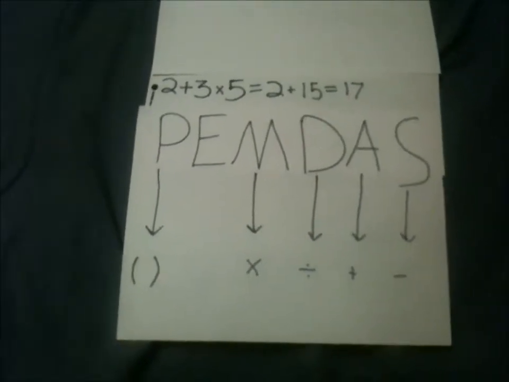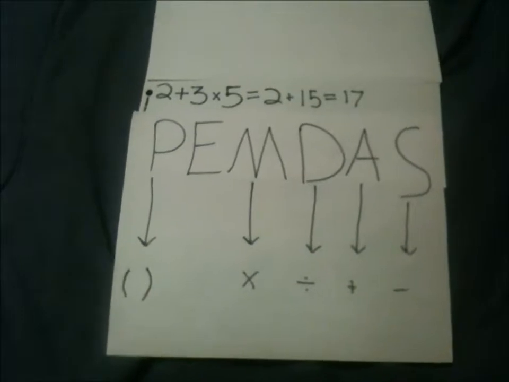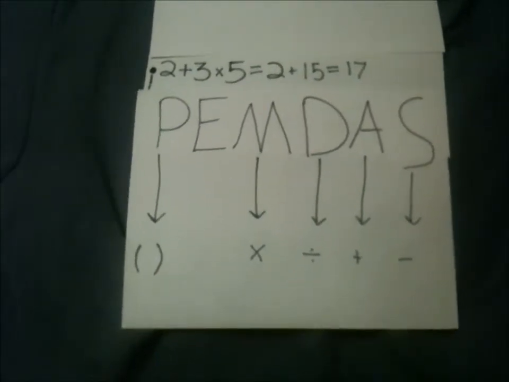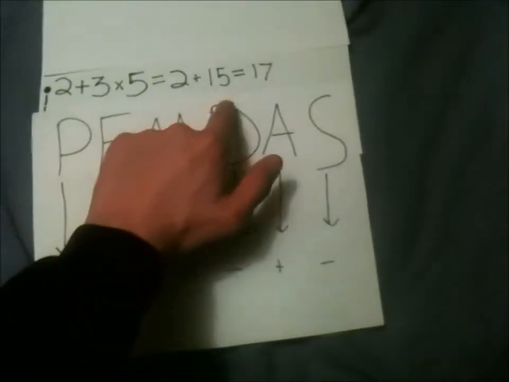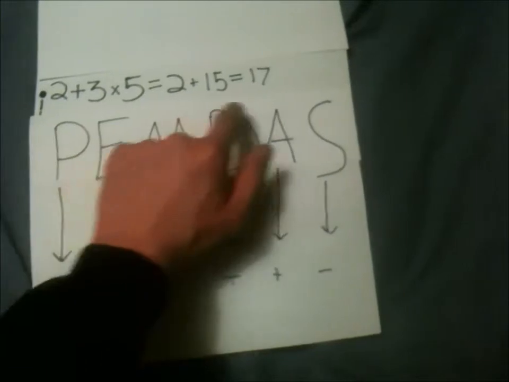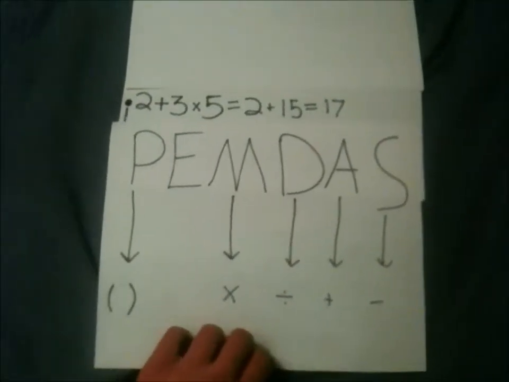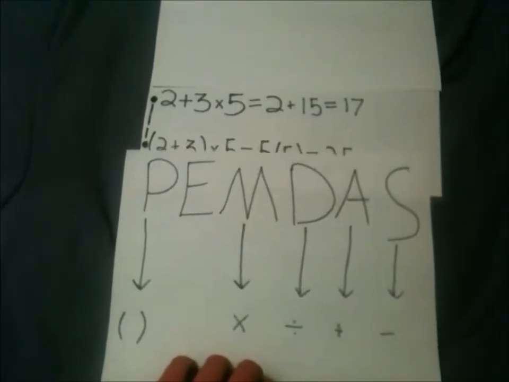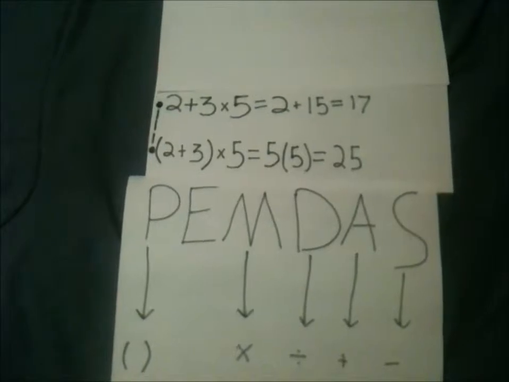Here's another example of how parentheses can change the outcome of a problem. Now in this first equation, because of the order of operations, the multiplication between 3 and 5 equaling 15 must happen first. Now 15 plus 2 equals 17, of course. Now when we throw parentheses into the mix, it changes the outcome of the problem to 25.